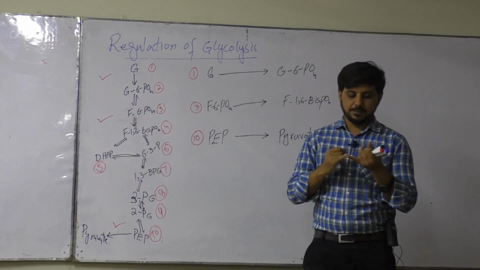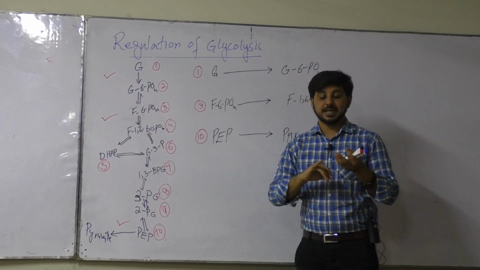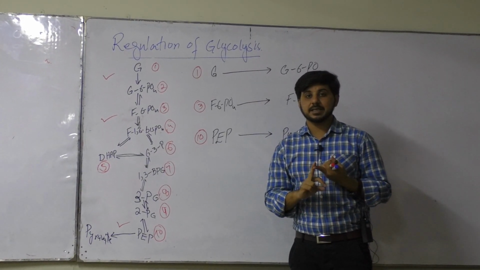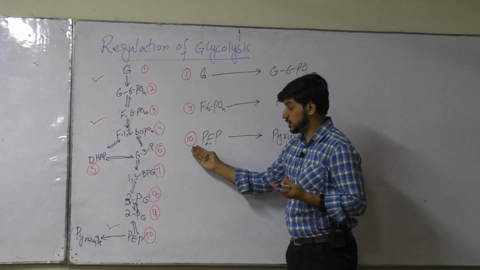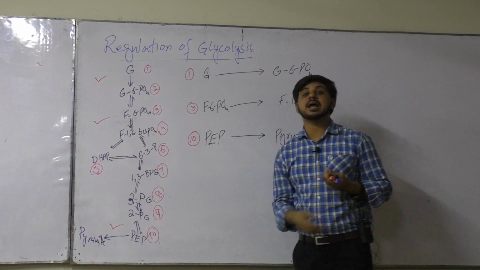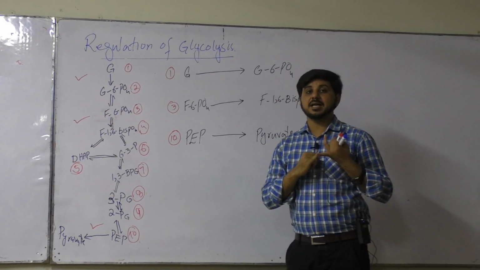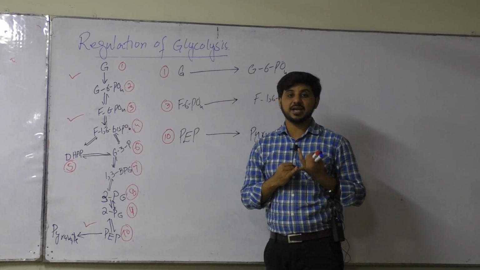Once again, chemical reaction number 1, chemical reaction number 3, and the last chemical reaction, whether it is the 10th or 9th, are the regulatory chemical reactions.